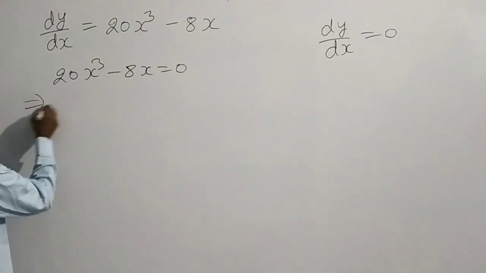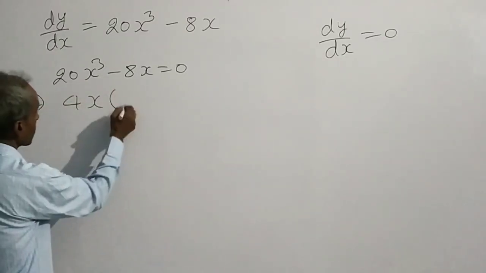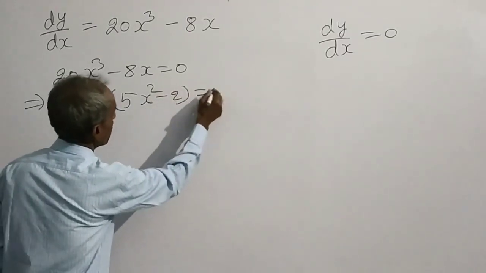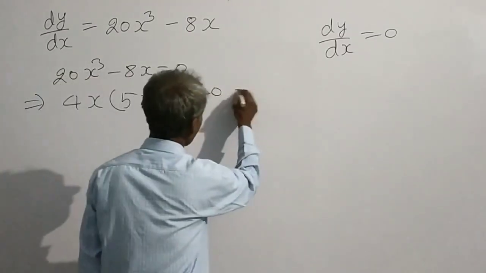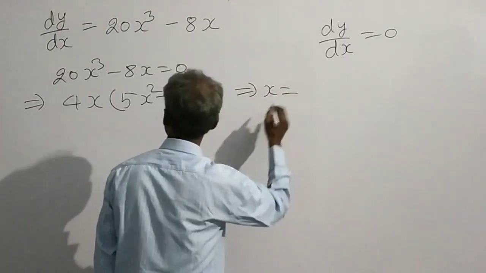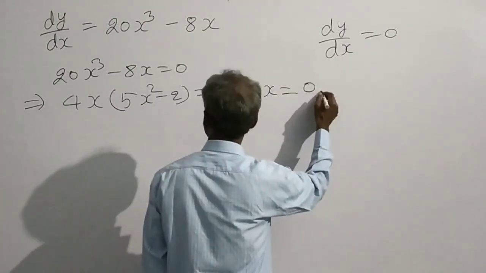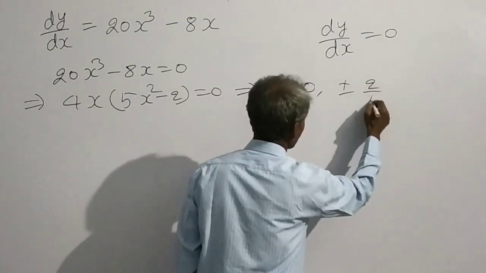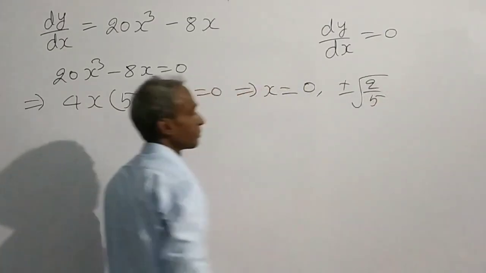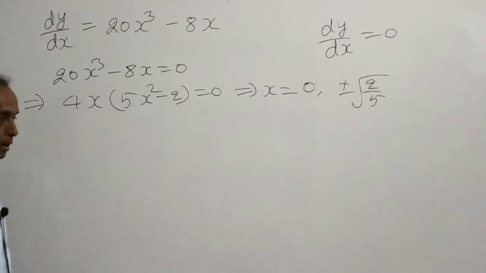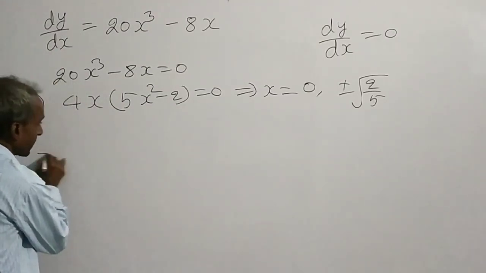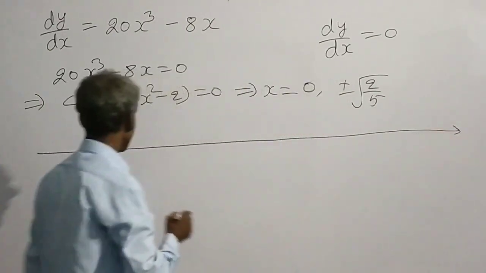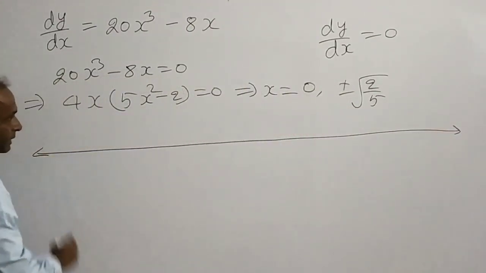This implies 4x(5x square minus 2) is equal to 0. This implies x is equal to 0, plus minus root of 2 by 5. Now we sketch a real line from minus infinity to plus infinity.